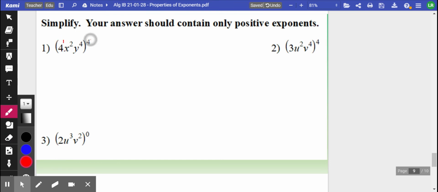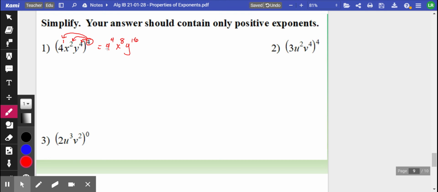So this exponent is being multiplied to all of the exponents that are inside that parenthesis. So for the 4, 1 times 4 is 4, so I'd have 4 to the 4th power. For the x, 2 times 4 is 8. And for the y, 4 times 4 is 16.